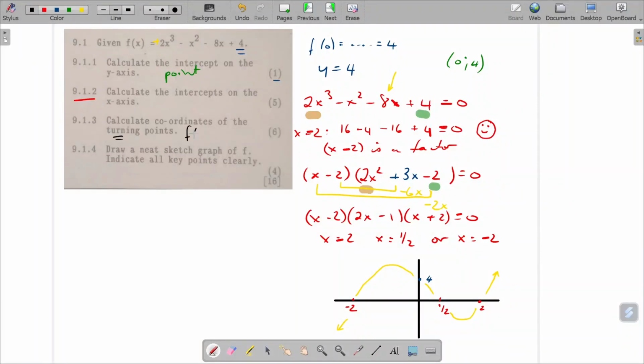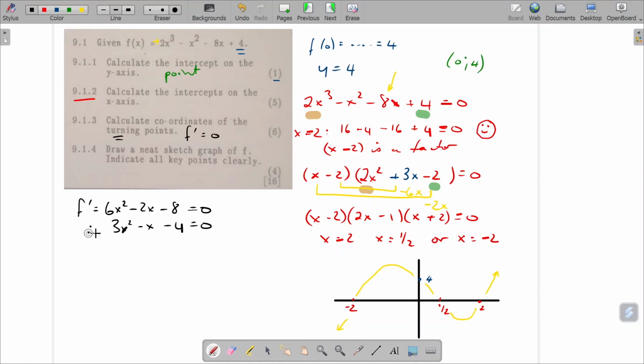A turning point is found by making the first derivative equal to 0. So what we have here is f dash equals 6x squared minus 2x minus 8 equals 0. So 3x squared minus x minus 4 equals 0.